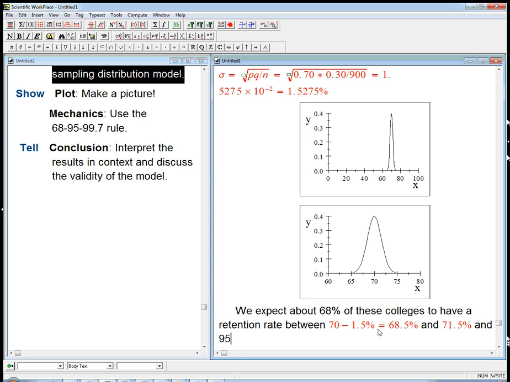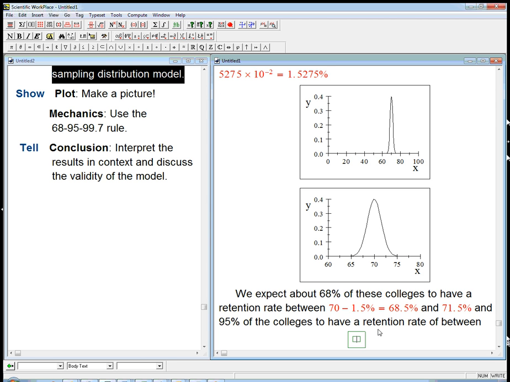And 95% of the colleges to have a retention rate of between, so now we go out 2 standard deviations. Let's put it in math mode, just make it prettier. 67% to 73%.